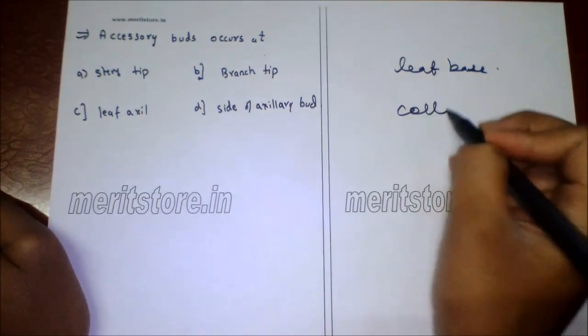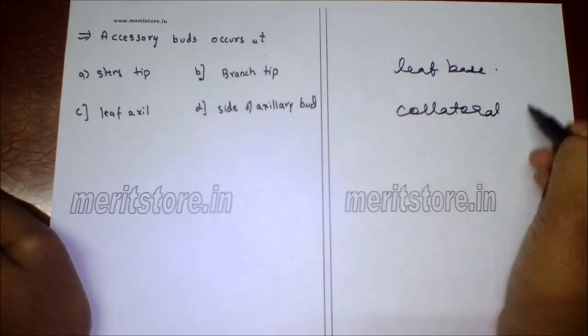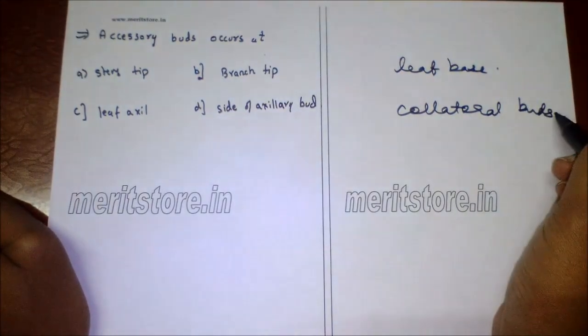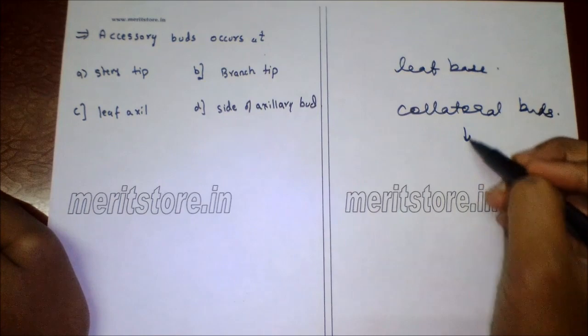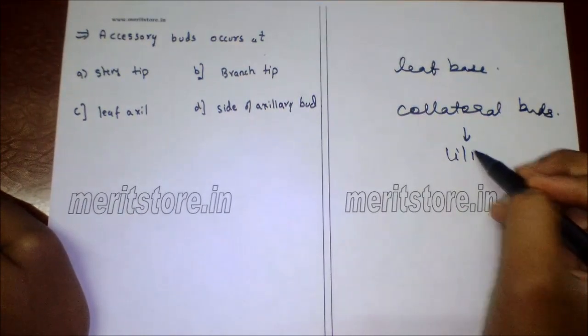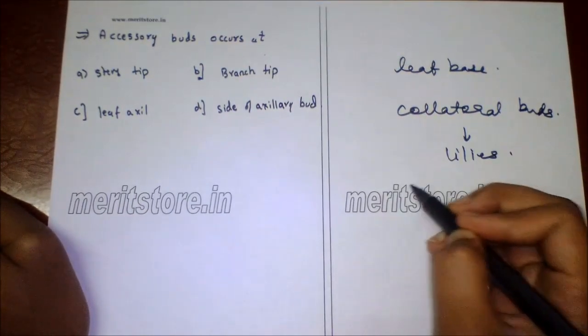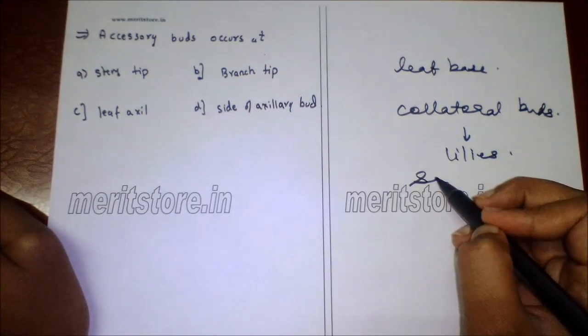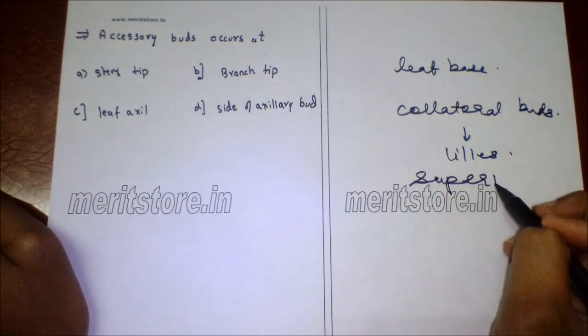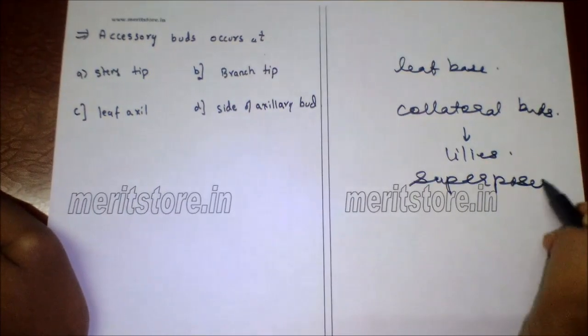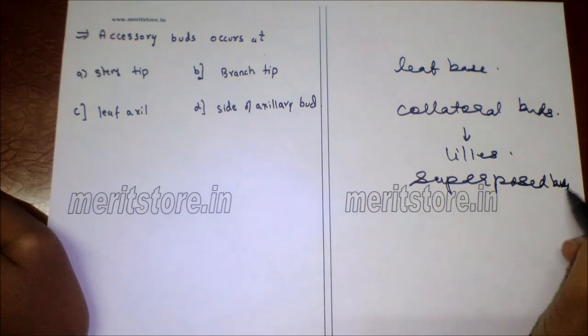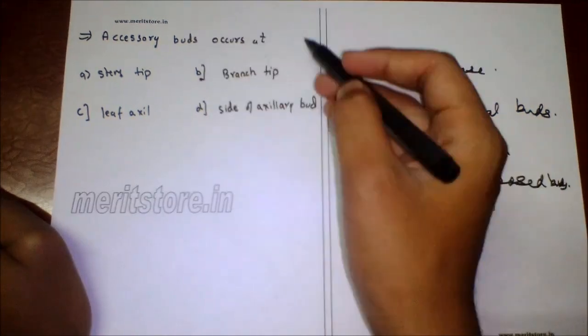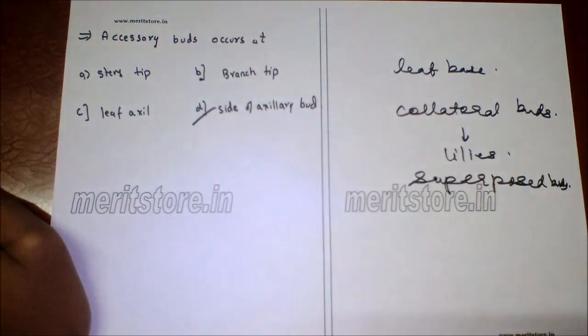Collateral buds are present on the side of axillary buds, which is seen in lilies, and superposed buds are present above the axillary bud. It is seen in Aristolochia. So accessory buds occur at the side of the main axillary buds.